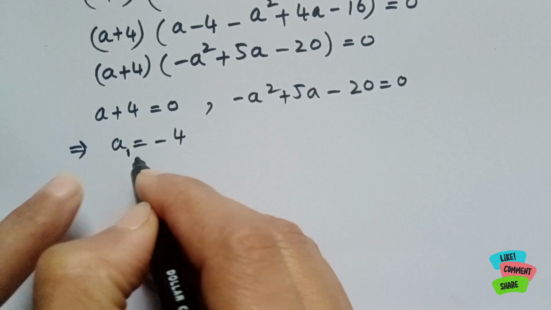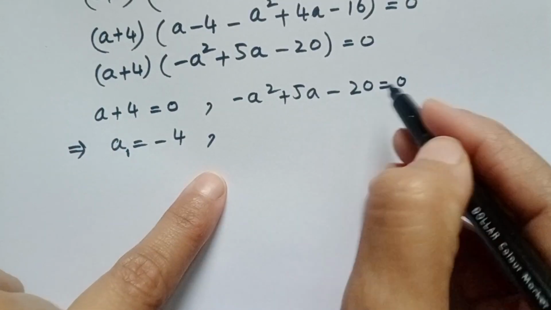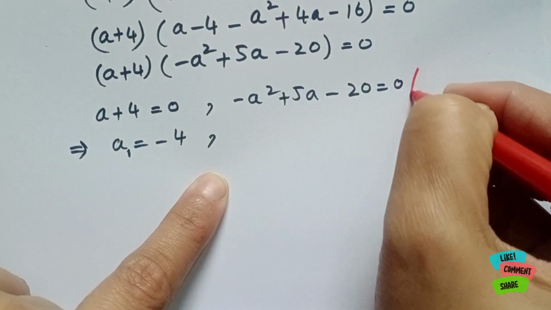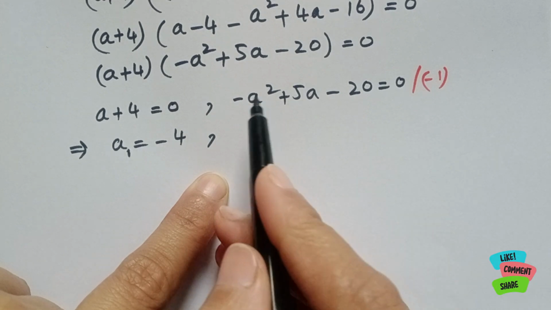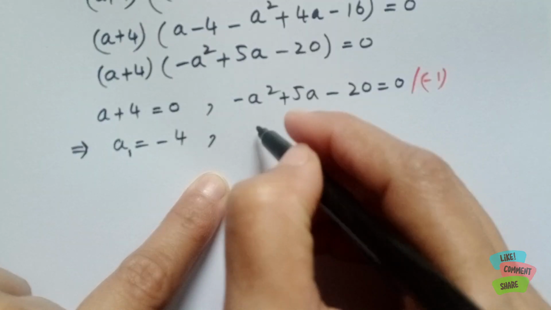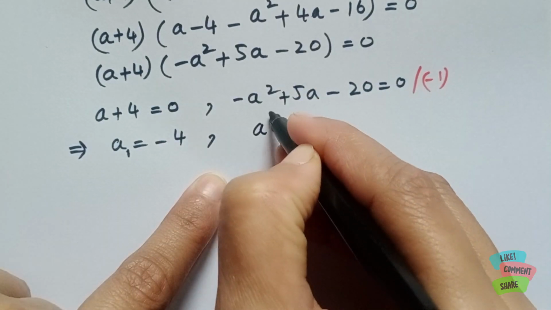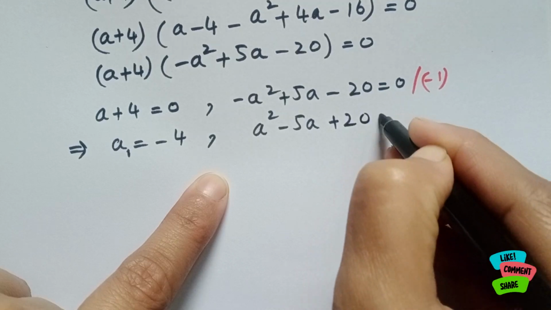It is the one root, which is the real one. And here we will multiply this expression by minus 1, because we want to eliminate this minus. That's why we will multiply this expression with minus 1. So we will get here a square minus 5a plus 20.